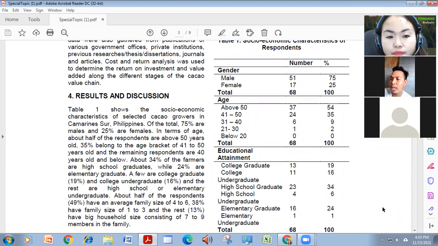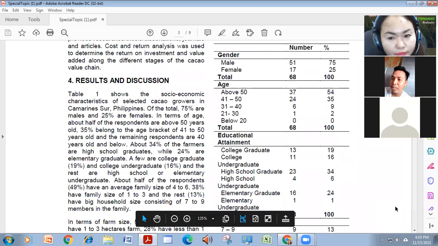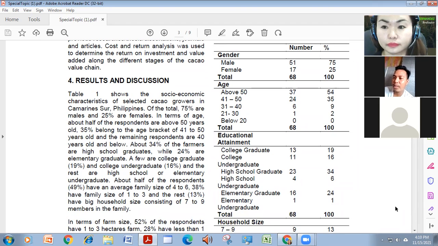The total, 75% are male and 25% are female. In terms of age, about half of the respondents are about 50 years old. 35% belong to the age bracket of 41 to 50 years old, and the remaining respondents are 40 years old and below.